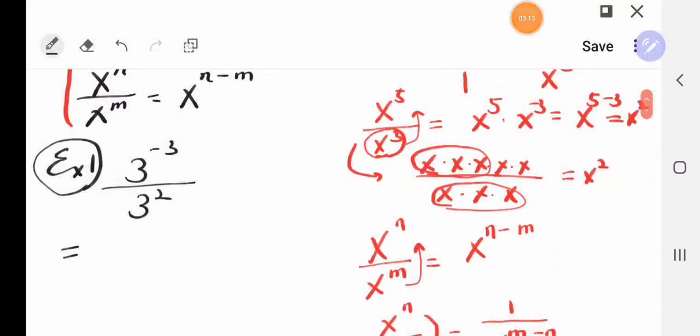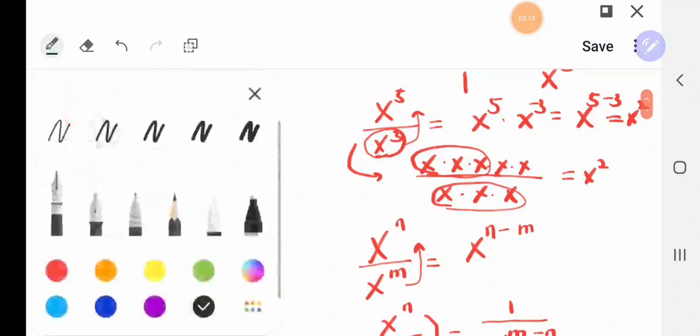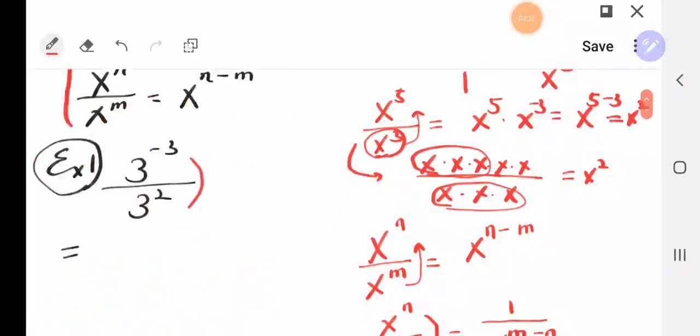Okay, using these 3 properties, let's try some examples. This rational expression has a negative exponent in the numerator. So why don't we move the numerator to the denominator? Because negative 3 is less than 2. So it's always better to move the smaller exponent.